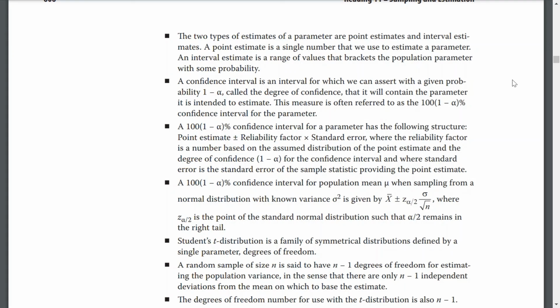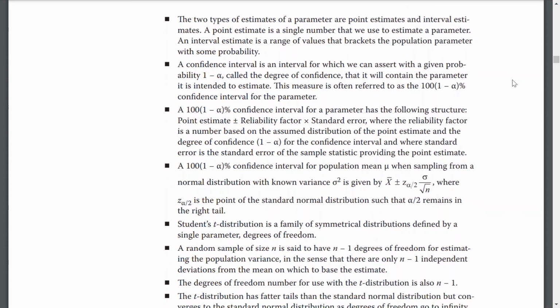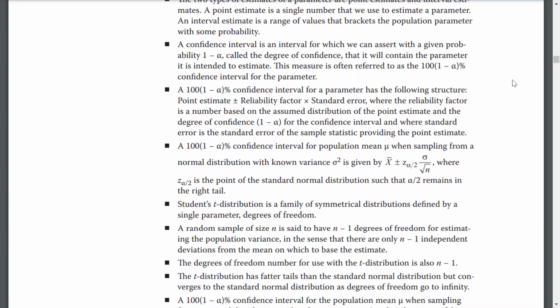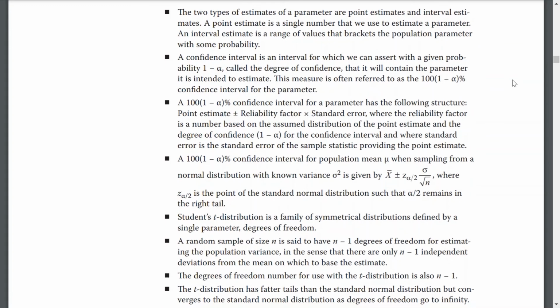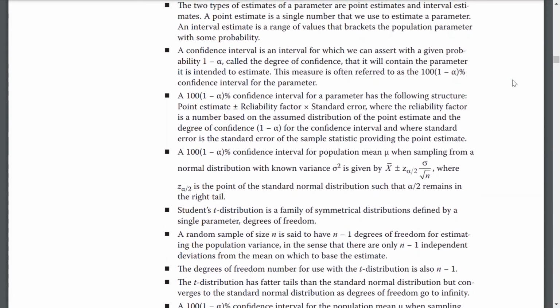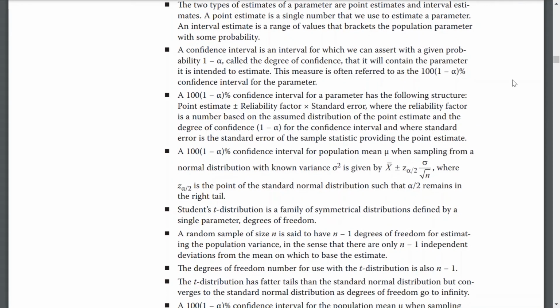A confidence interval is an interval for which we can assert with a given probability 1 minus A, called the degree of confidence, that it will contain the parameter it is intended to estimate. This is often referred to as a 100 multiplied by 1 minus A% confidence interval for the parameter.